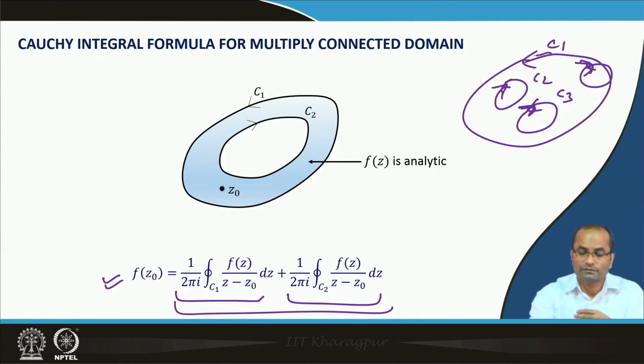So, the outer integral should be in the anti-clockwise direction, and if the inner ones are in the clockwise directions, then we can simply add these integrals and the value will be equal to f(z0).